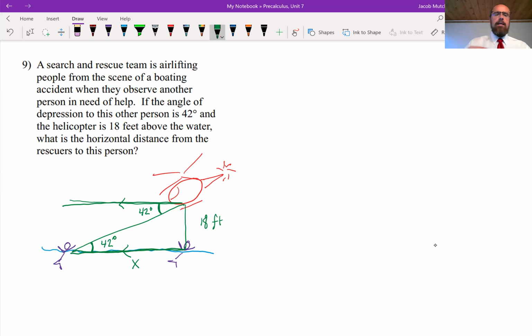Once I have this set up, it's really similar to what we've been doing solving right triangles. I have my angle, and I know that the piece opposite it is 18 feet. So I'm looking for a trigonometric ratio that involves opposite divided by the piece I'm looking for, that horizontal distance, which I've labeled X, which is adjacent.